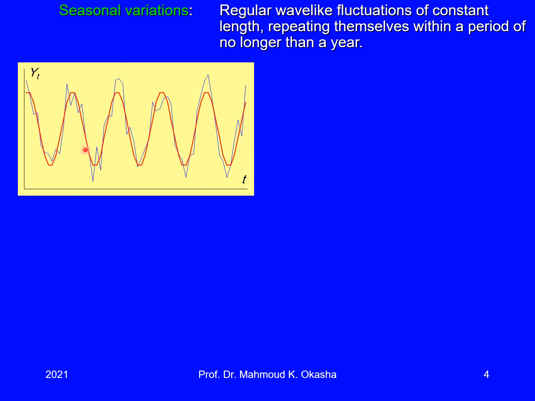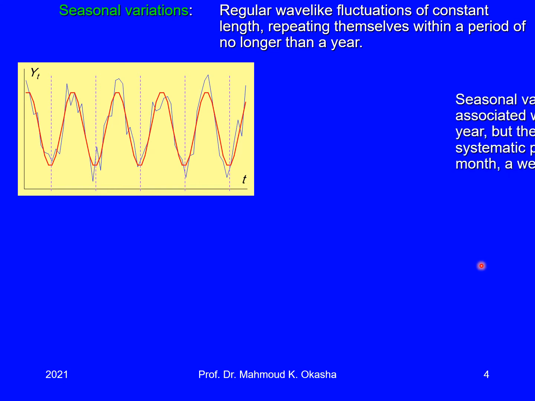And by the red line here, we can approximate this time series by a curve that repeats itself every one unit, like a year or a week or whatever.